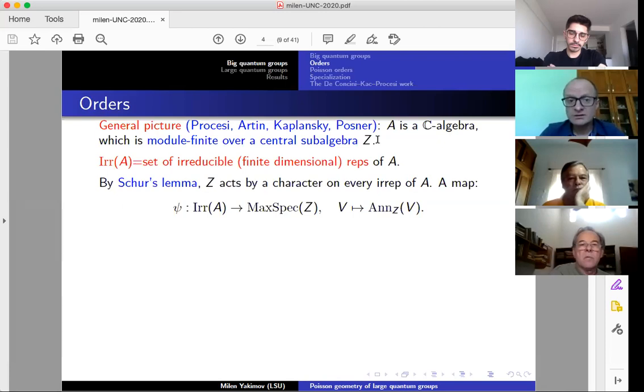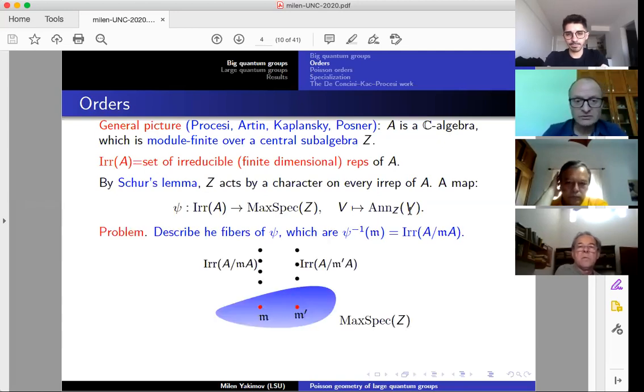And this immediately tells you that you have a canonical fibration from the set of all irreducible representations of the algebra A to the maximal spectrum of the central subalgebra Z, where to each representation V, you associate the maximal ideal of Z that kills that representation V.